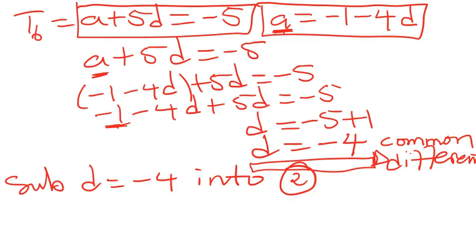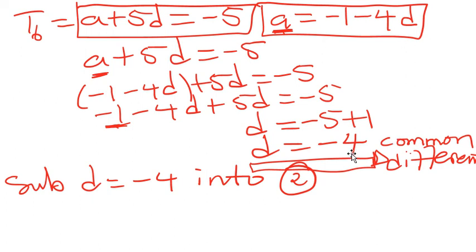Let me write the information that we already have. So a is equal to negative 1 minus 4d. Now our d, we got it to be equal to negative 4.